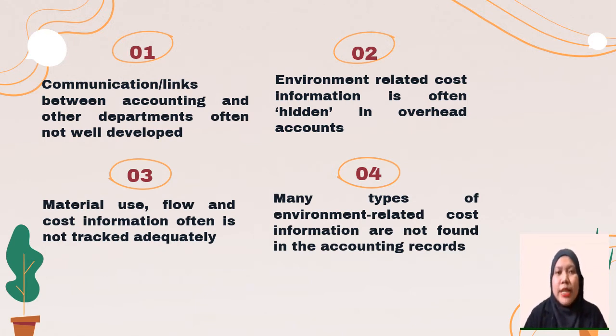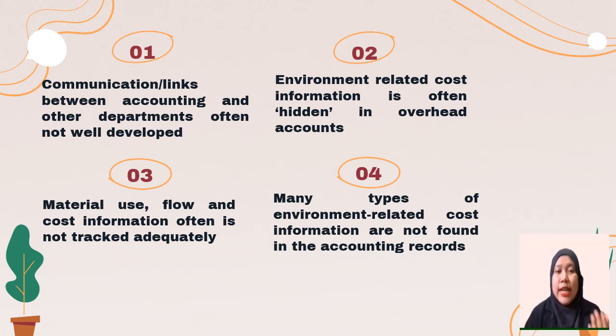Secondly, environment-related cost information is often hidden in overhead accounts. There are numerous examples of potentially important environment-related costs being inadvertently hidden in the accounting costs, where a manager who would benefit from that information cannot find it easily. A very common way is to assign them to overhead accounts rather than directly to the processes or products that created the cost.